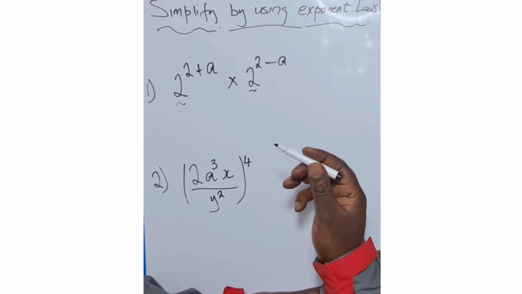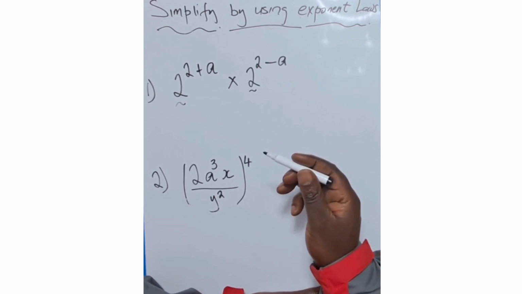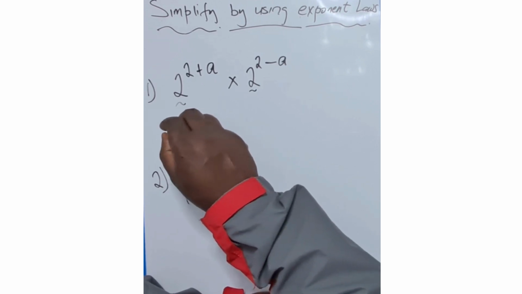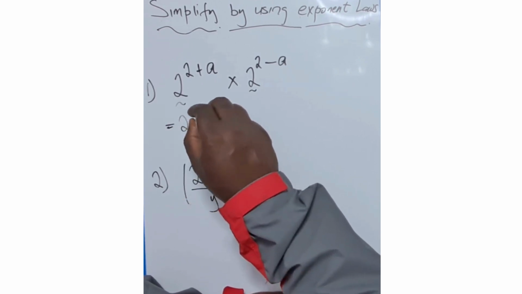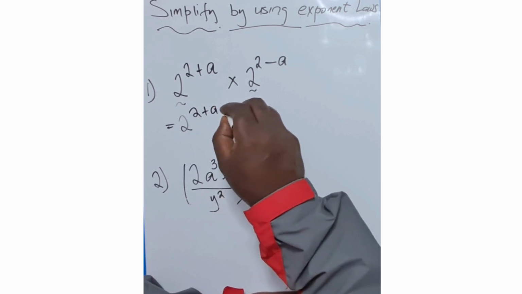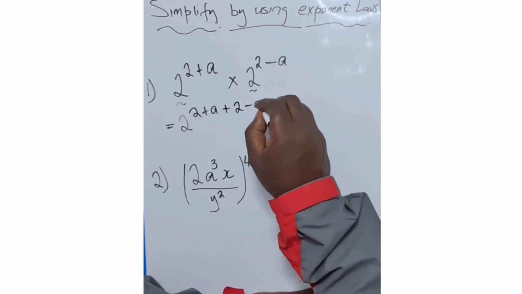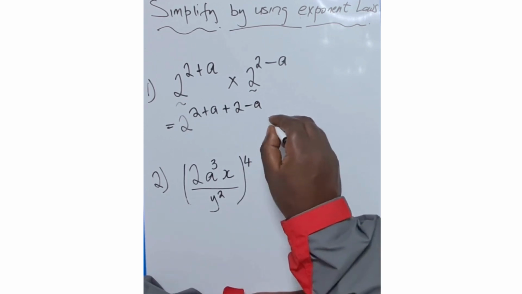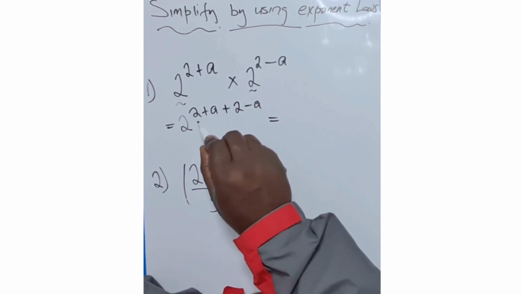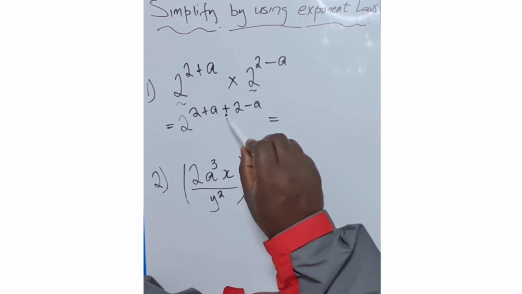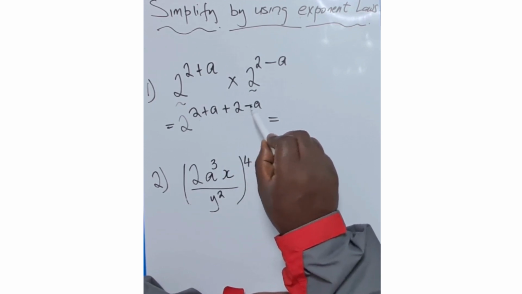And what does the law say? The law says if the bases are the same, we add the exponents. So we're going to add 2 plus a and 2 minus a. Okay, so we now have 2 exponent 2 plus a plus 2 minus a.